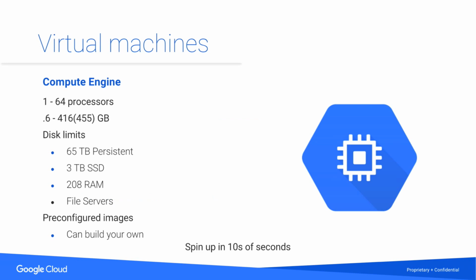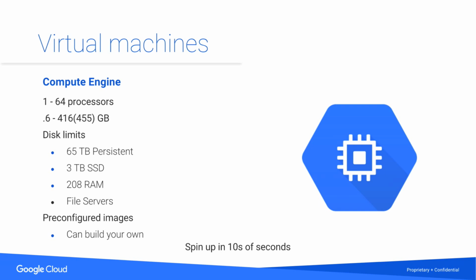So let's start with virtual machines. Virtual machines, on Google Cloud Platform what we call Google Compute Engine, are exactly what you might think they are. You have an OS, you have a machine, you have capability to do things like SSH or RDP into those machines to get access, and you control things from an operating system level and can change those operating systems. You tell us the type of machine you want, how many processors, how much RAM.